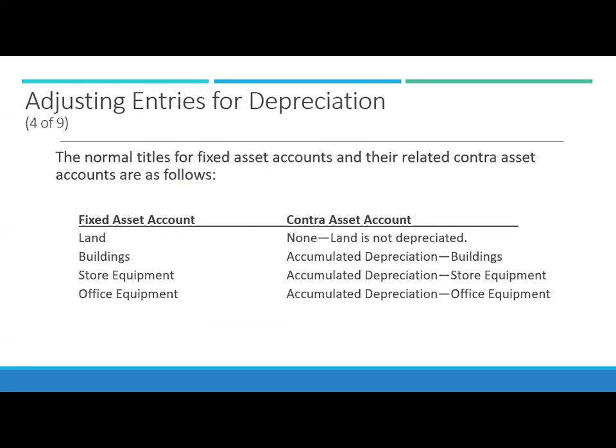And there will also be different accounts for each of the asset classes for depreciation. You'll find this on the chart of accounts when you're doing the chapter homework. There'll be accumulated depreciation, buildings, store equipment, office equipment.